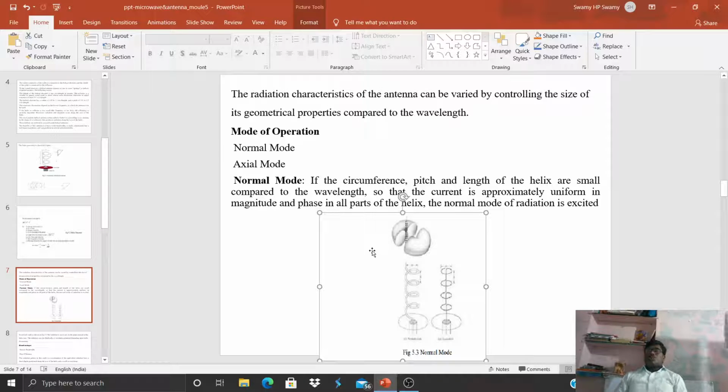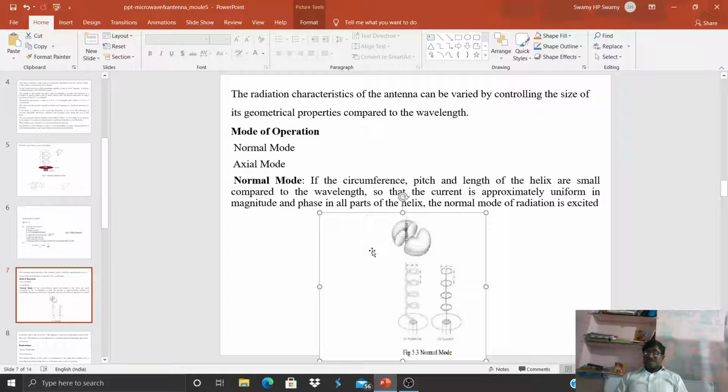What does it mean when a helix antenna is excited in normal mode? It means the circumference, pitch and length of the helix are small compared to the wavelength, so that the current is approximately uniform in magnitude and phase in all parts of the helix.